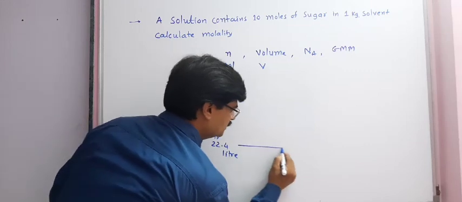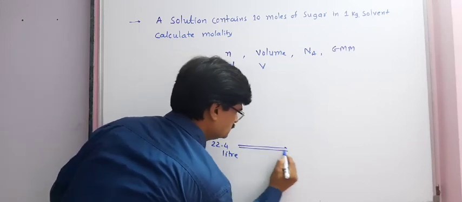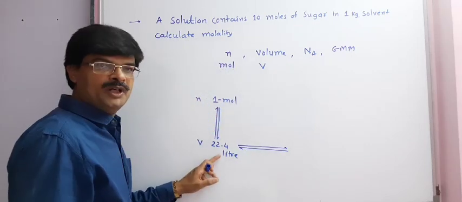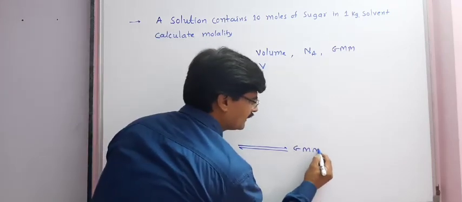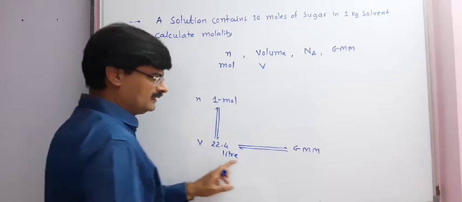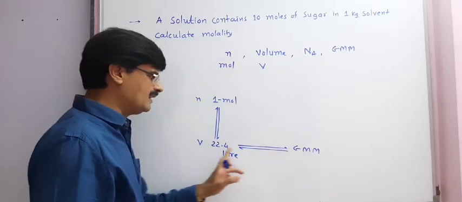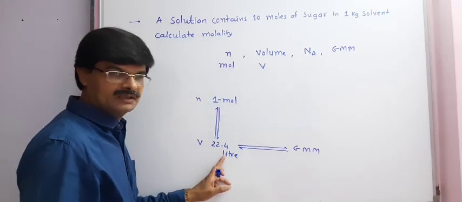Now, 22.4 liter volume is equal to gram molar mass. Vice versa, gram molar mass is equal to 22.4 liter.